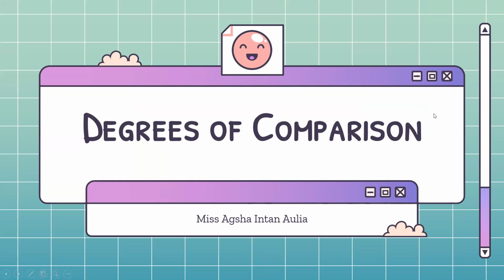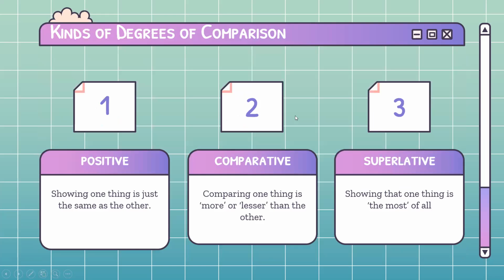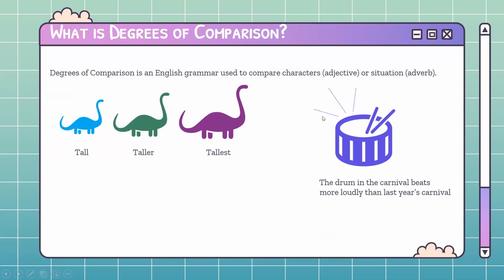Degrees of comparison. So what is actually degrees of comparison? Degrees of comparison is an English grammar used to compare characters or adjectives. Yeah, we can say adjective or situation, meaning adverb. Can you see the pictures here?